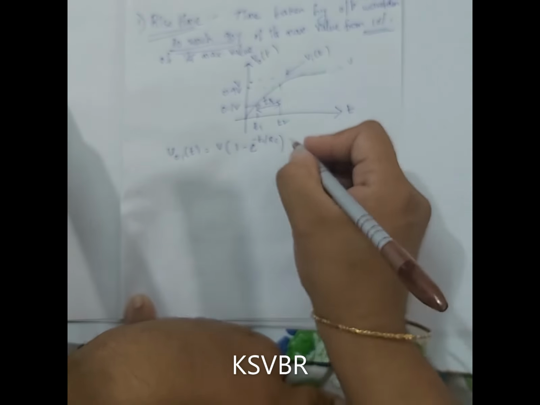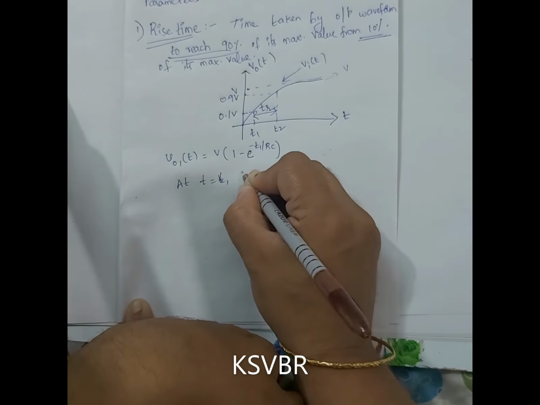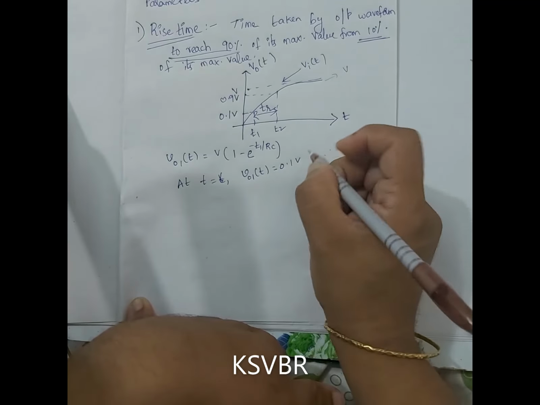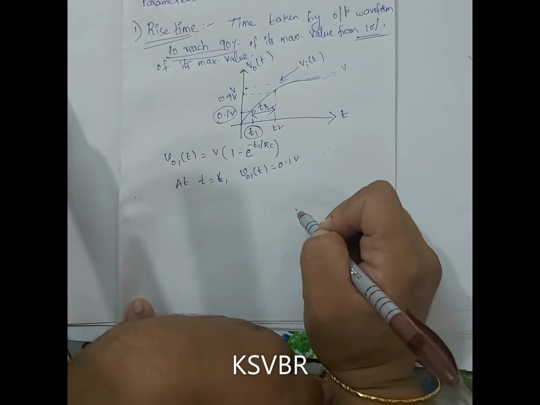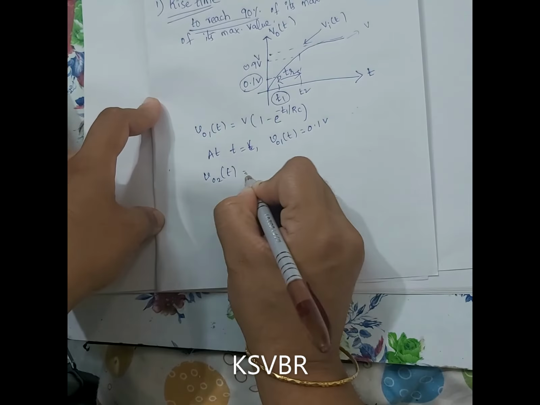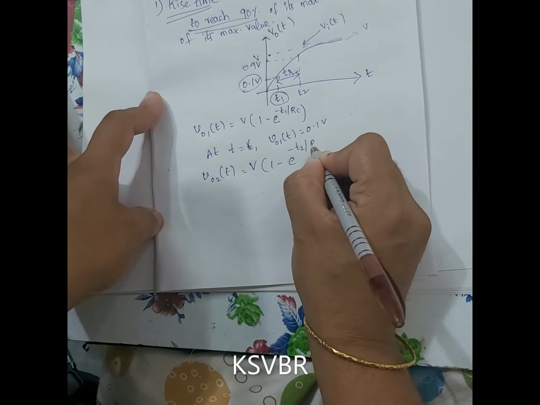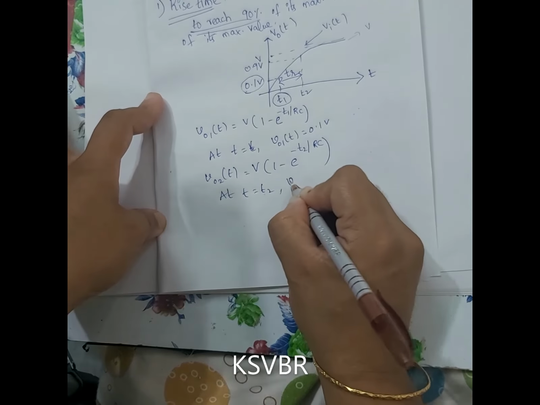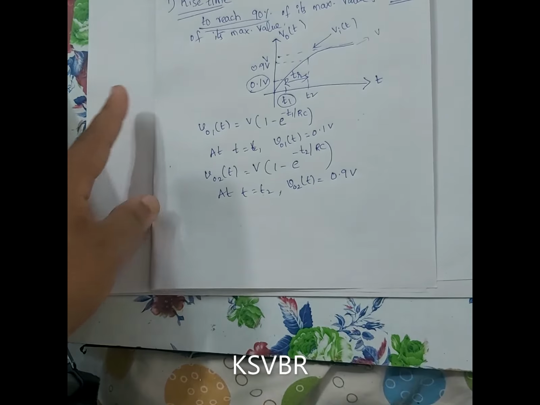At t is equal to t1, V01 of t is equal to 0.1 V. Same like that, V02 of t is equal to V into 1 minus e power minus t2 by RC. At t is equal to t2, V02 of t is equal to 0.9 V.